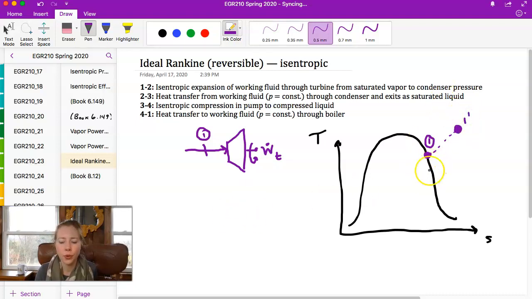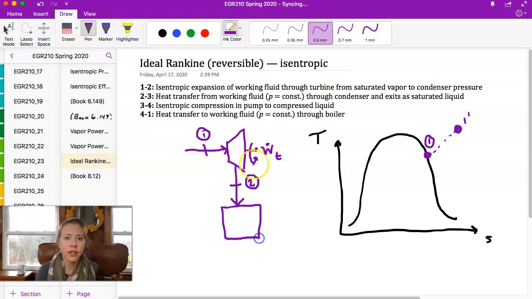So this is another option. I'm just going to call it 1 prime because I'm just talking about the one that I've circled right now. And so coming out at 2, this is 2, we're going into a condenser. And with a condenser, we have cooling water that's sent through.